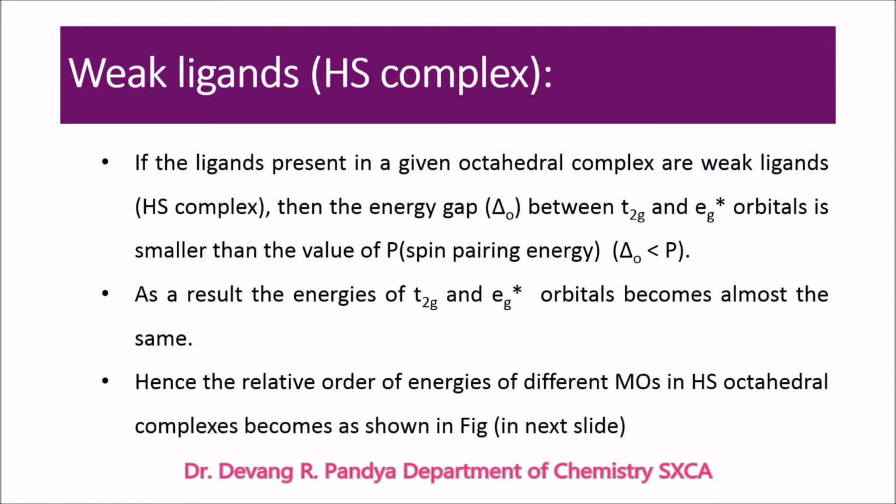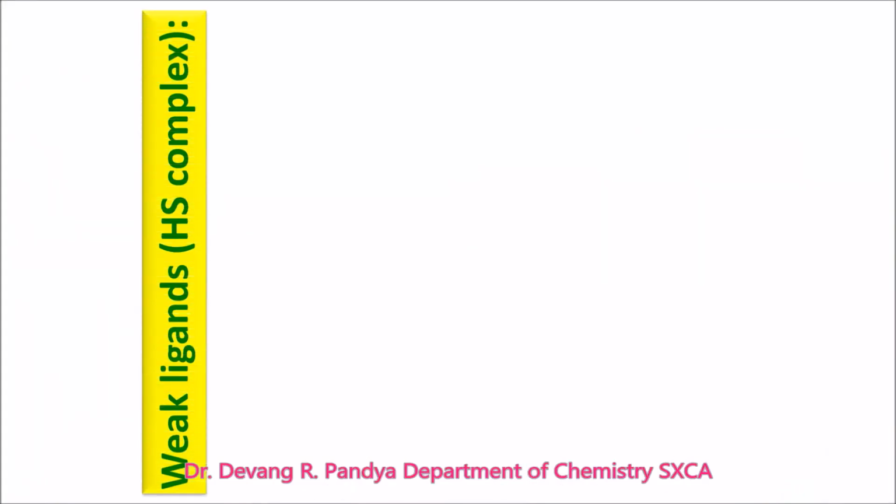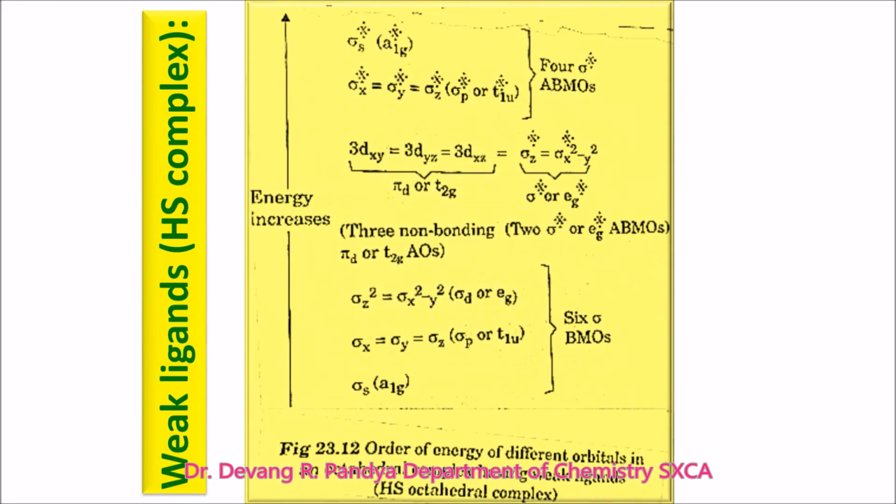Hence the relative order of energy of different molecular orbitals in a high spin octahedral complex becomes, we can see on the slide. So this is the weak field ligand and high spin complex.